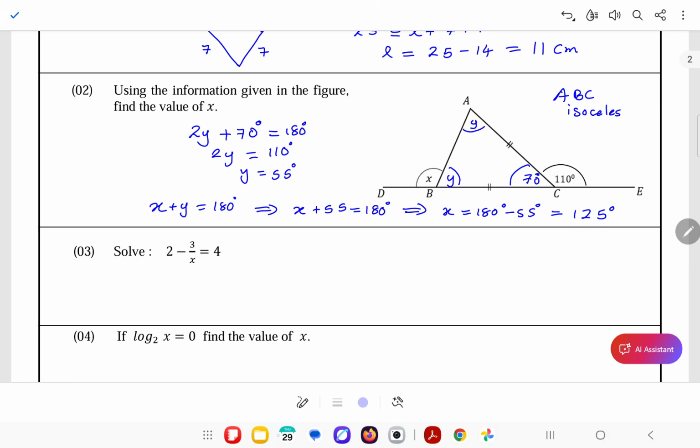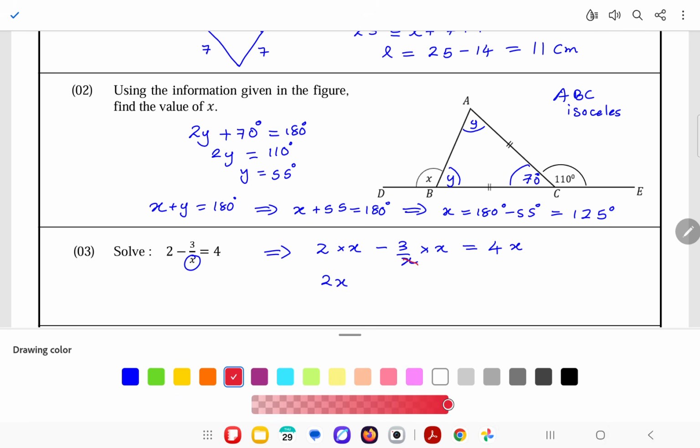Now let's look at the third question. Just solve this. So what do you need to do? Multiply every term by this denominator term. So every term multiply by x. So you will end up with what? 2x. These x's cancel in the second term.